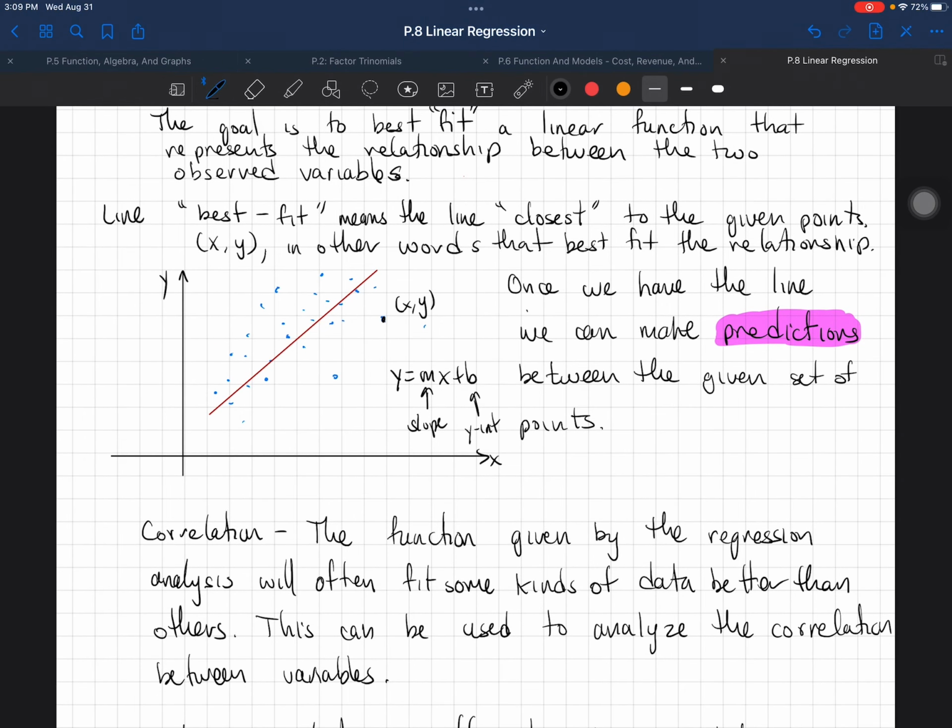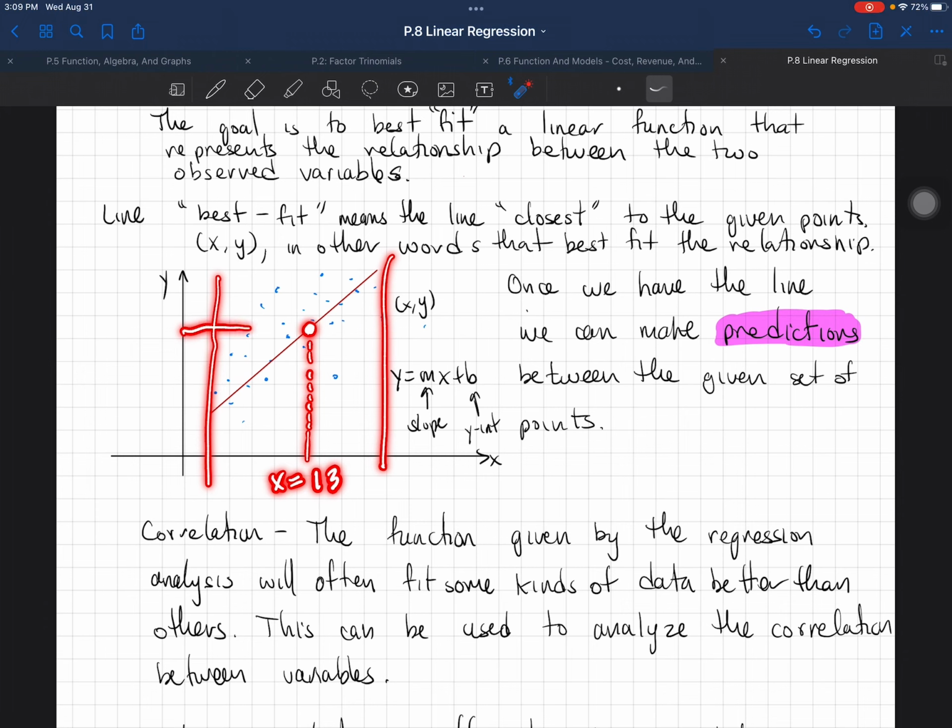Once we have that line, we can use it to make predictions between the given set of points. So we can say that between where we started, right here, to here, we can make further predictions. For example, what if x equals 13?